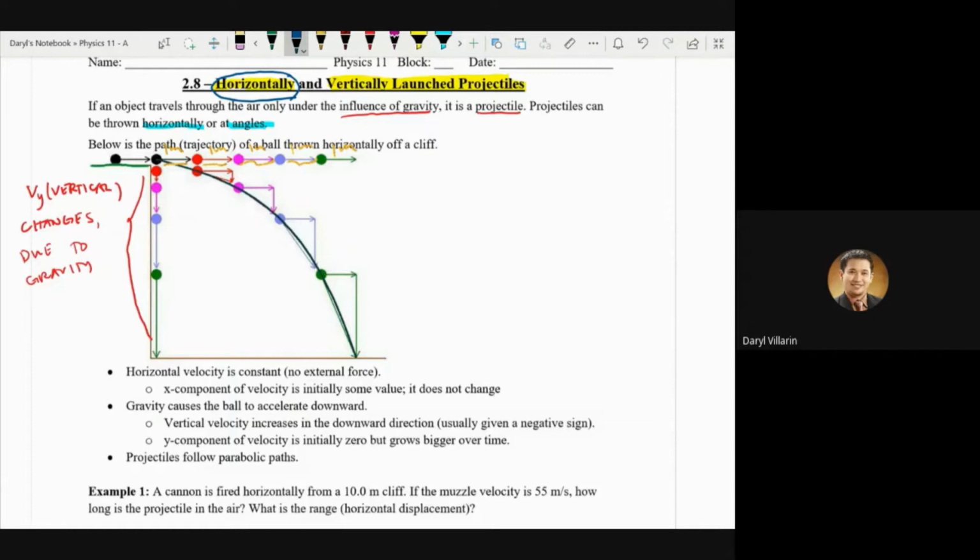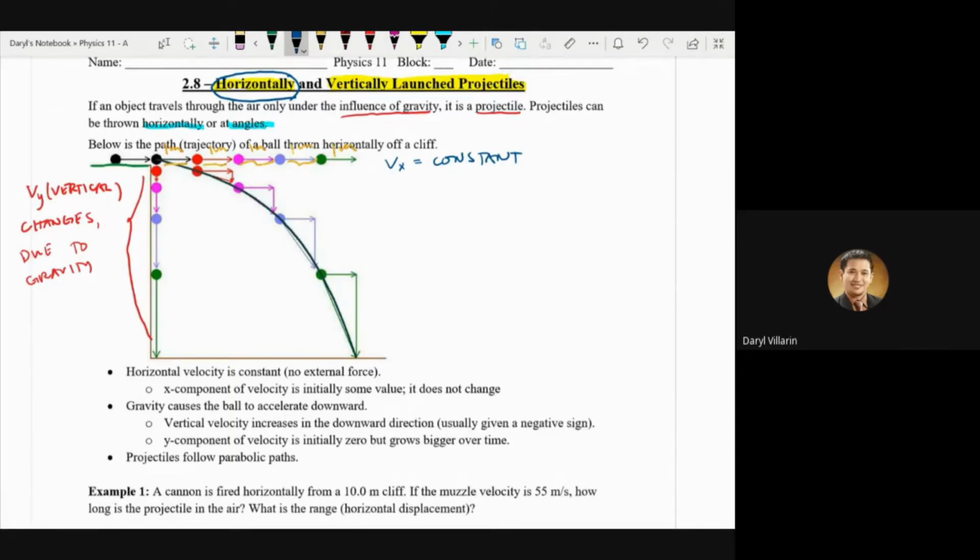However, if you can see in the horizontal motion of this object here, the distance it traveled horizontally is the same all throughout. If the displacement covered is the same as you move along time, that means that the velocity along x is constant, okay? So you'll get a straight line graph here. A straight line graph again tells you that the change in displacement over time is the same all throughout the motion of the object.